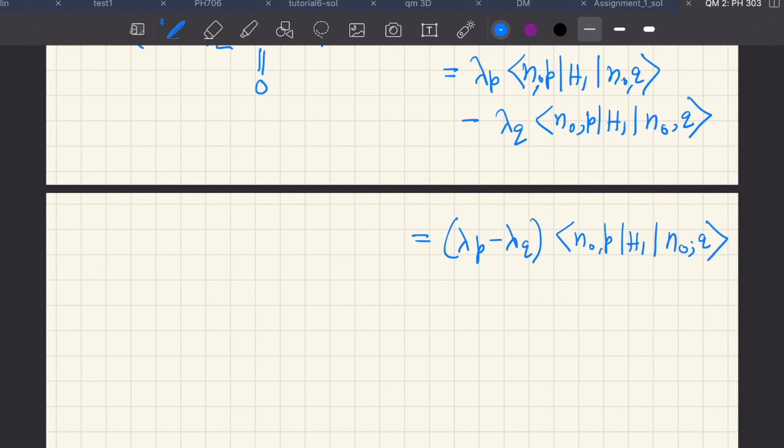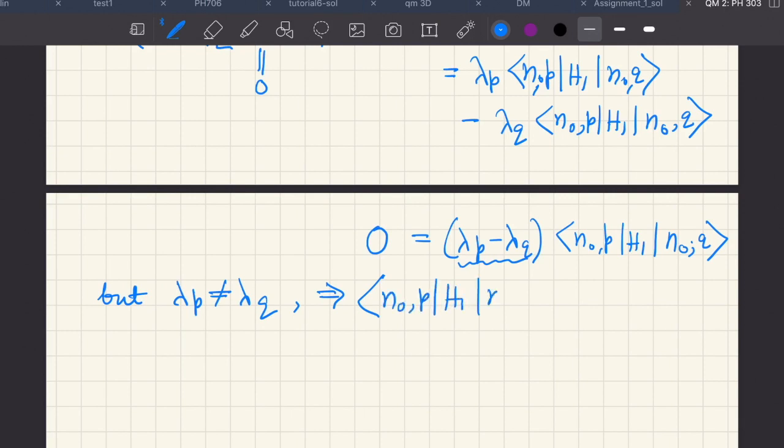But we have just claimed that lambda p is not equal to lambda q. And this implies that this object should be 0 since the left hand side is 0. Therefore, ⟨n0,p|H1|n0,q⟩ must be 0. That is, non-diagonal matrix elements of H1 are all vanishing. Therefore, you have diagonalized your H1.